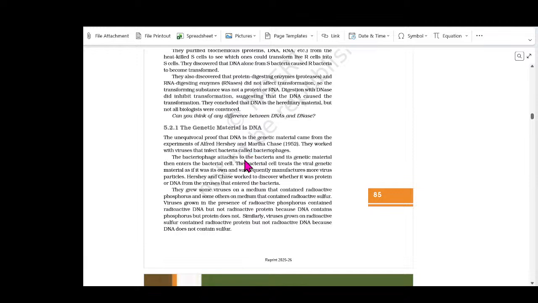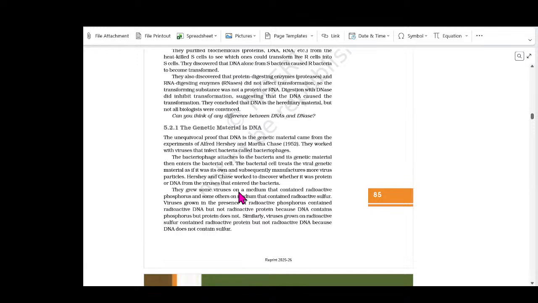The bacteriophage attaches to the bacteria and its genetic material then enters the bacterial cell. The bacterial cell treats the viral genetic material as if it was its own and subsequently manufactures more virus particles. Hershey and Chase worked to discover whether it was protein or DNA from the viruses that entered the bacteria.